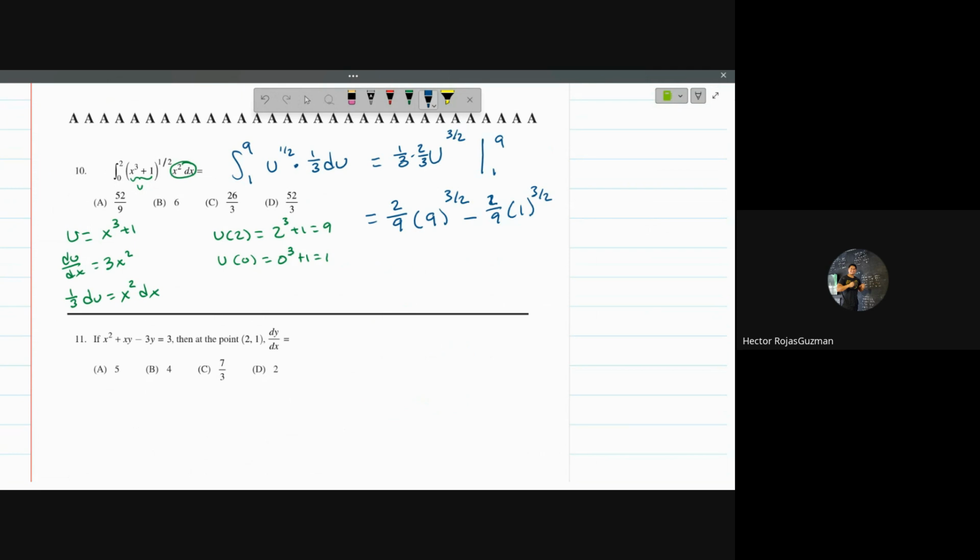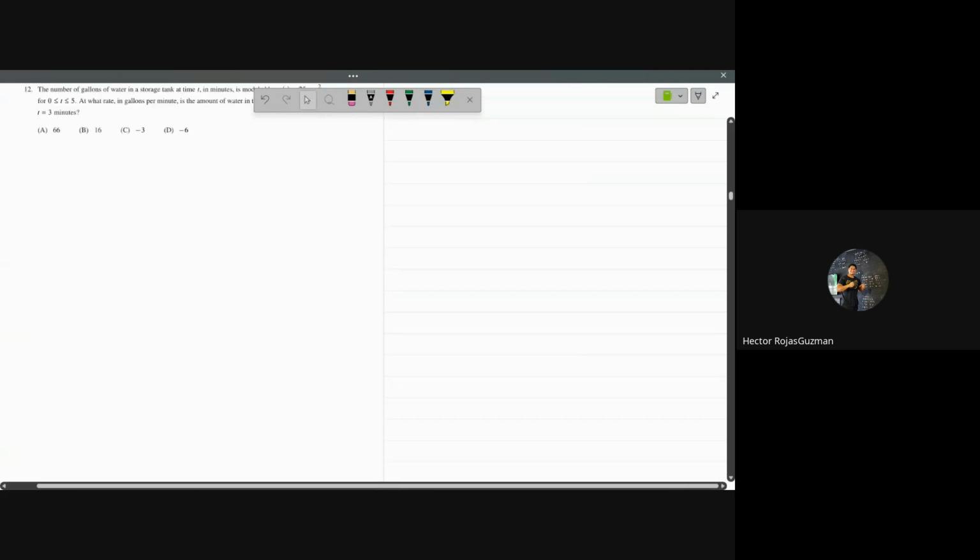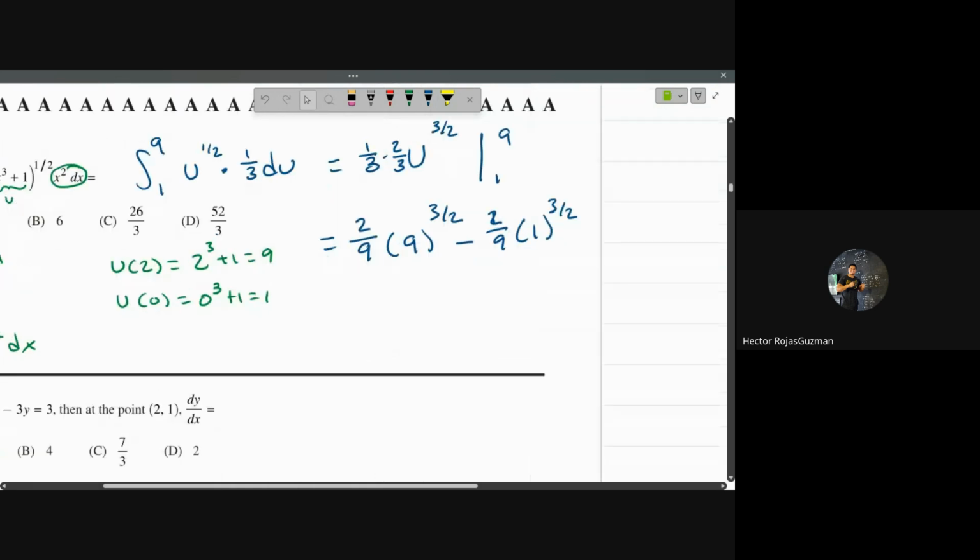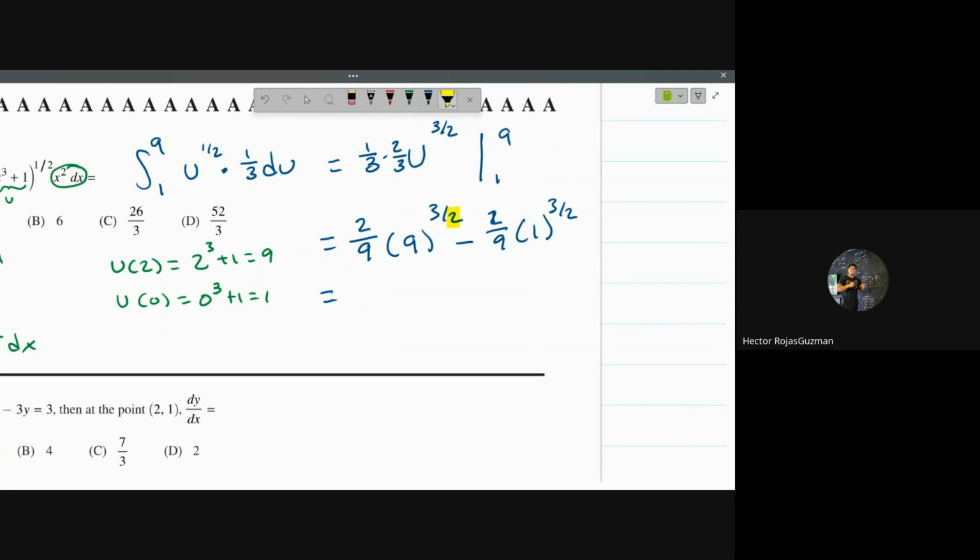You don't have a calculator here, so you have to know how to deal with fractional exponents. Check it out. An exponent of 1/2 is basically a radical, the square root of x. So then we get 2/9 times 3 to the power of 3, and the square root of 1 is just 1, so that doesn't matter. 3 to the power of 3 is 27.